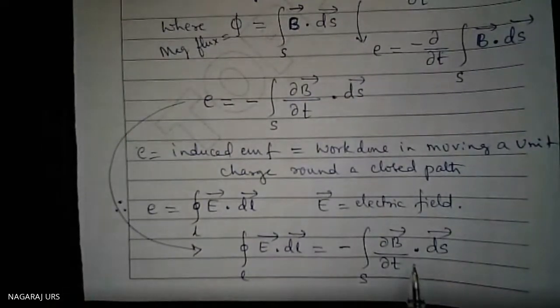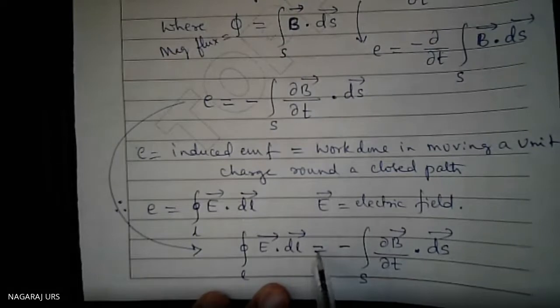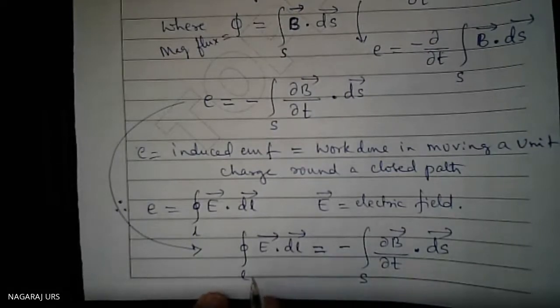This is a surface integral. This is a line integral. We cannot equate those two directly, but we have written the equation. This is in terms of a line integral, and this is in terms of a surface integral.